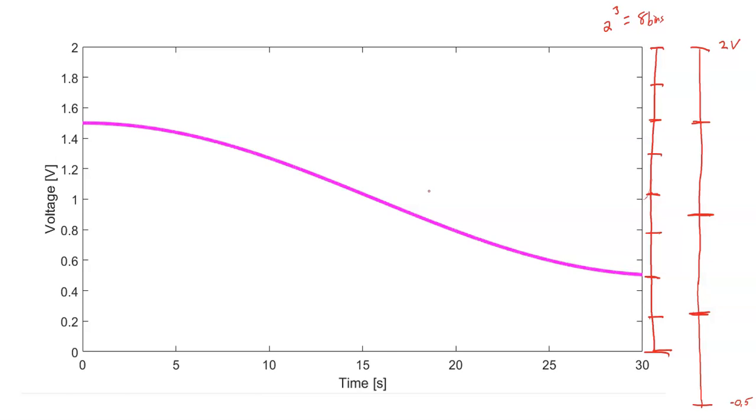So if we were to use these two different A to D converters to digitize this signal, what would it actually look like? Well, if we start here at something like 1.5, our A to D converter in the first case is going to have a bin value at 1.5 exactly. And so this would come out as 1.5.